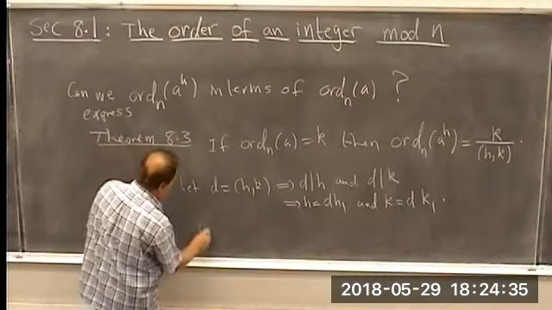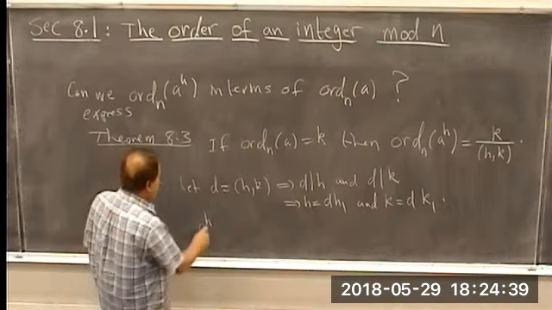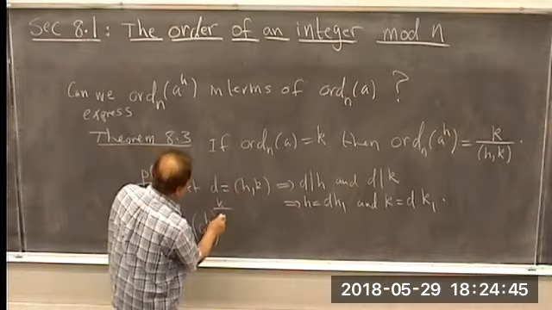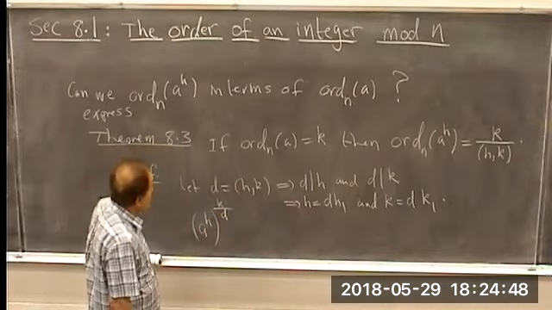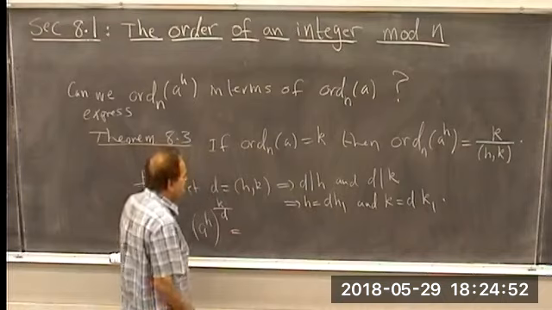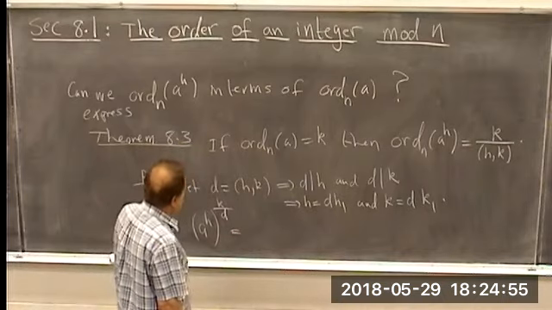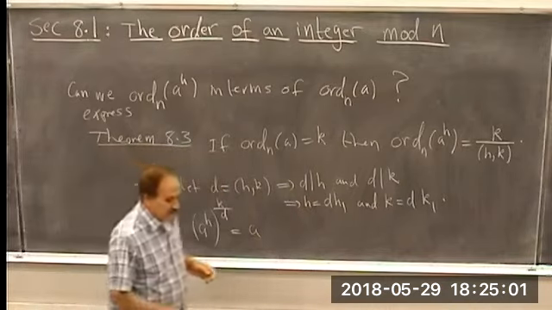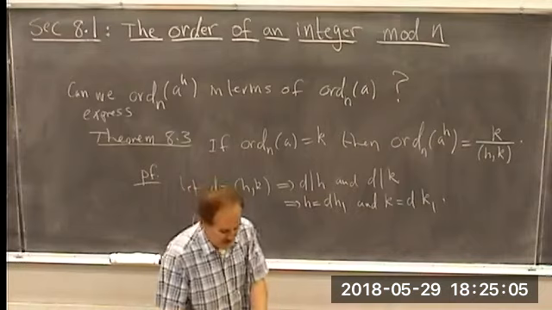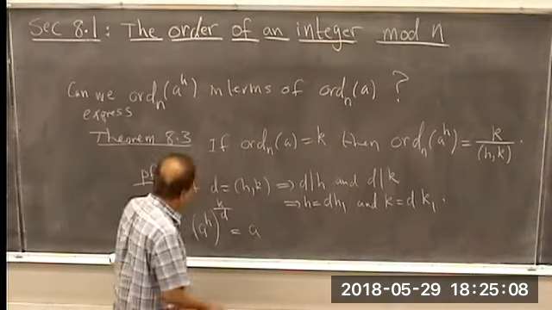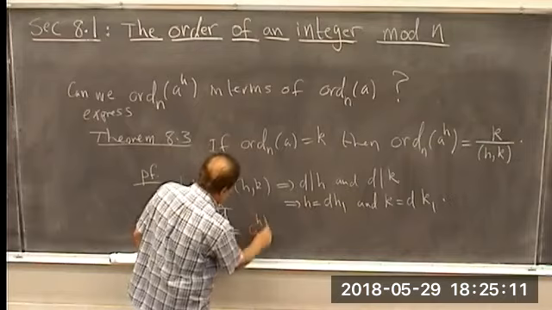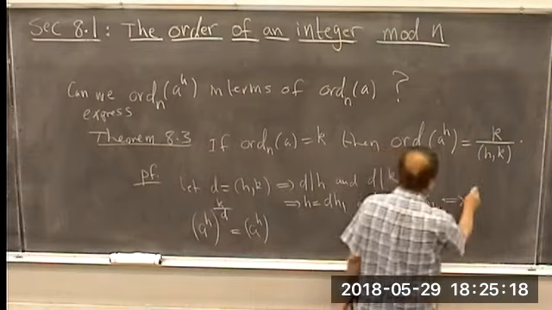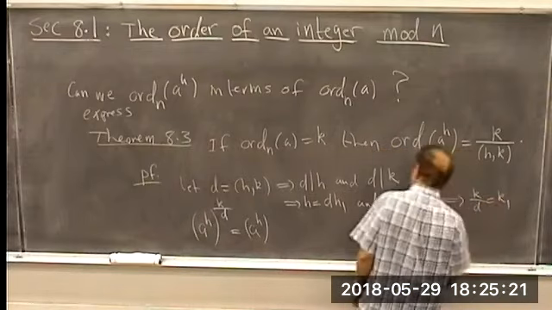So we take A to the H, and we raise this to the power of K over the greatest common divisor, which is D. Now we do some manipulation here: A to the H, and K over D, and K over D is equal to K1, so I put a K1 here.